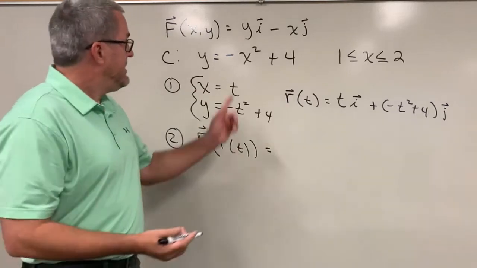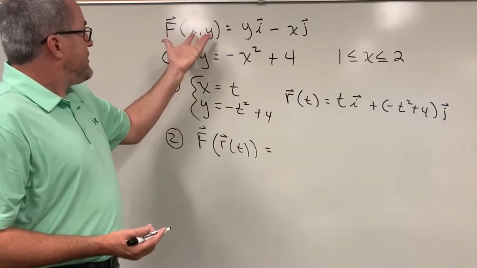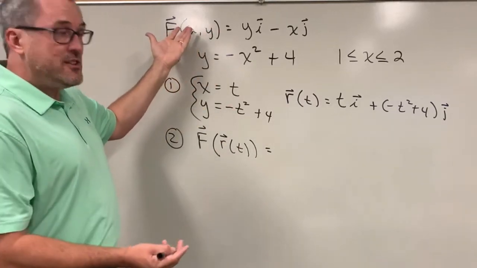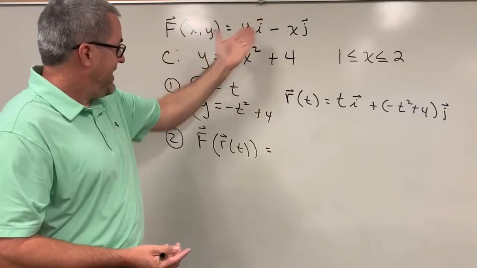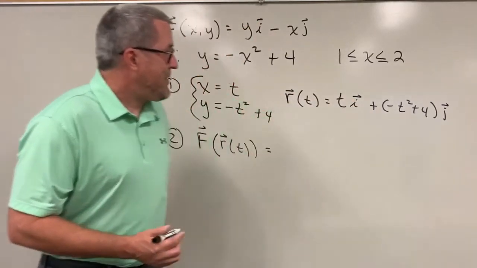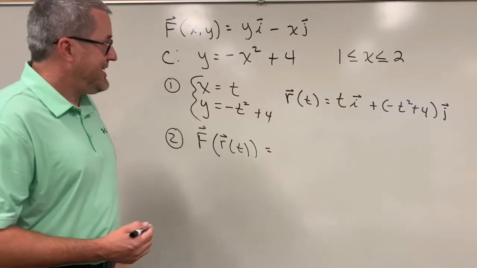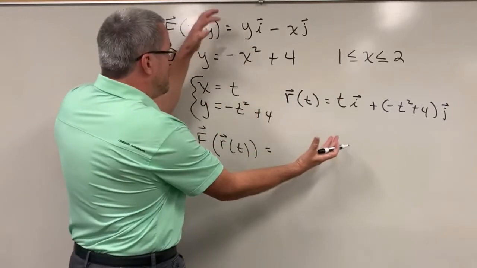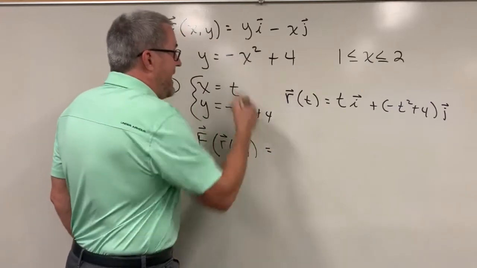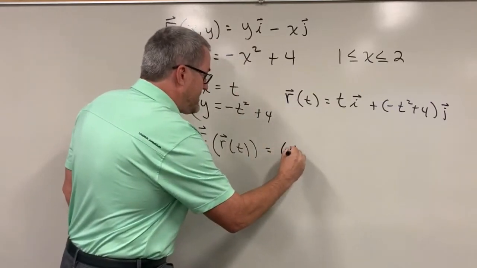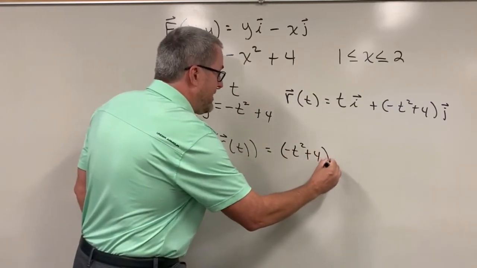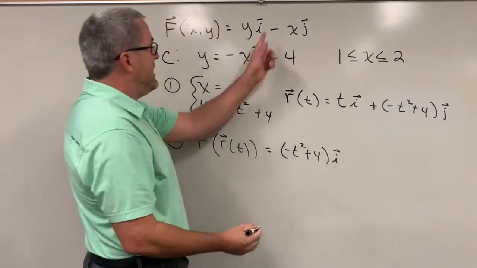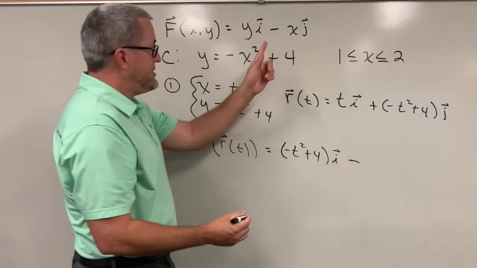Now, to do that, the vector field is y i. The y component that we are focused on in this particular case is negative t squared plus 4. So as we compose these two together, y i is going to become negative t squared plus 4 i, minus x j.